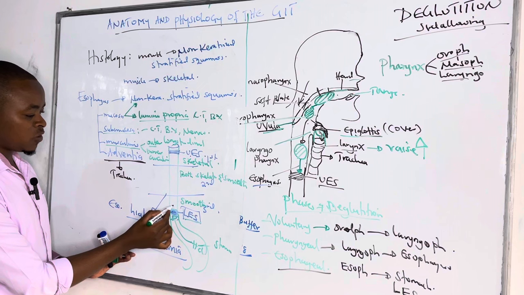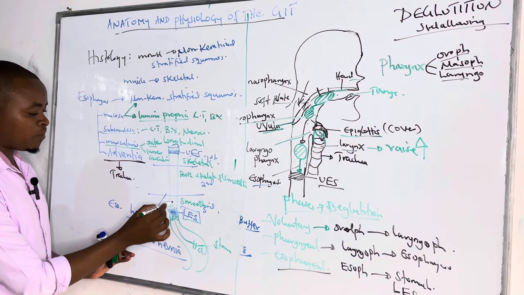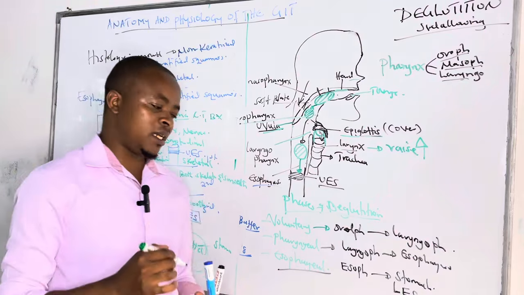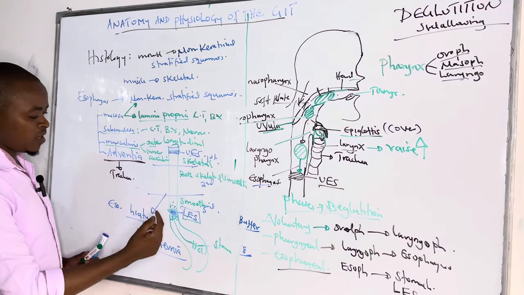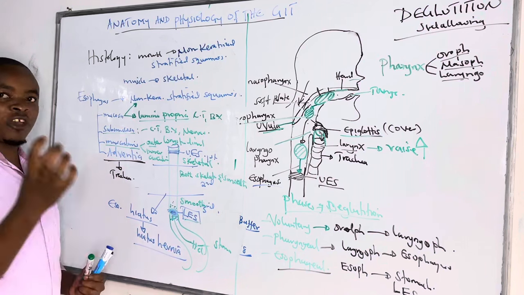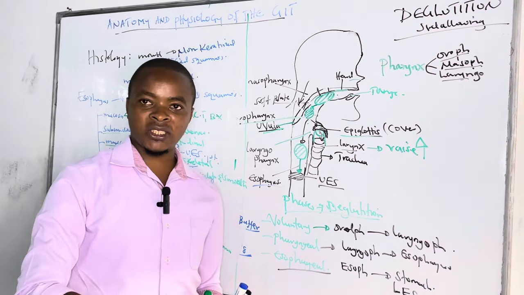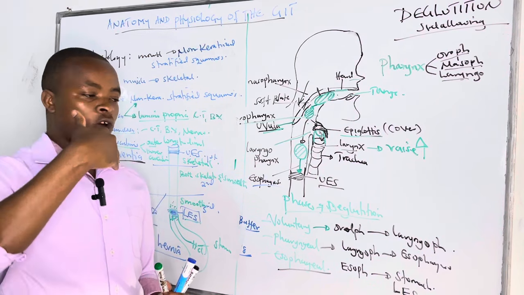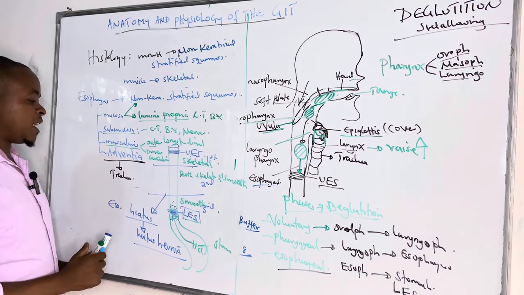And when it moves into the esophagus, it causes a burning sensation, or what we call heartburn. So heartburn is caused by the cardiac sphincter and lower esophageal sphincter failing to close after the food bolus has passed. So we see the hydrochloric acid coming up, causing heartburn.